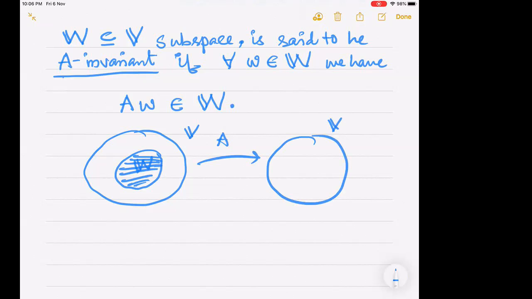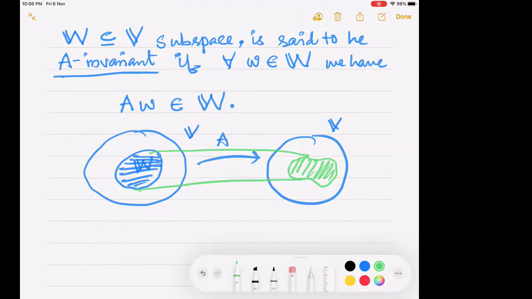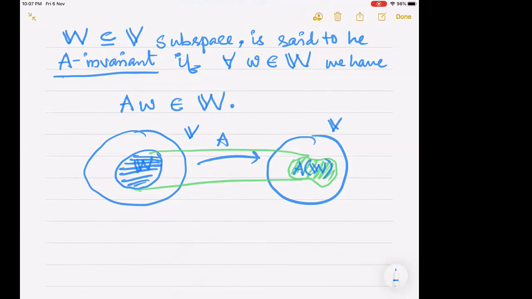The action of A on this subspace may take it to something different, which we call A's action on W. When will W be A invariant? If A's action on W produces a subspace which is contained in W. Meaning, when vectors in W get acted upon by A, they don't come out of that space W. They remain there.